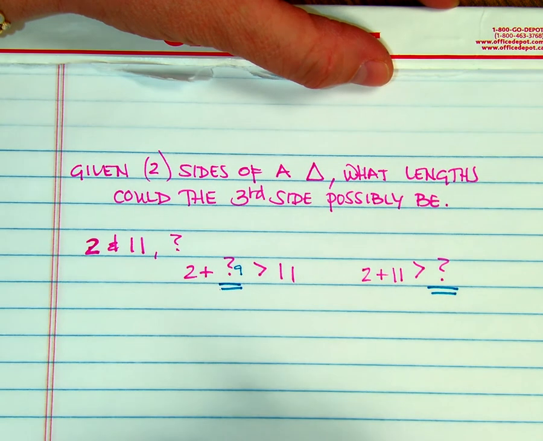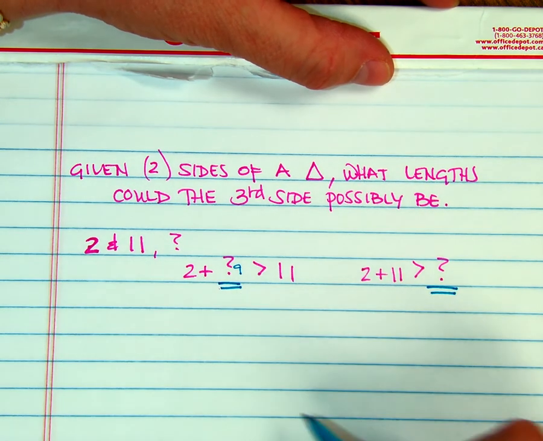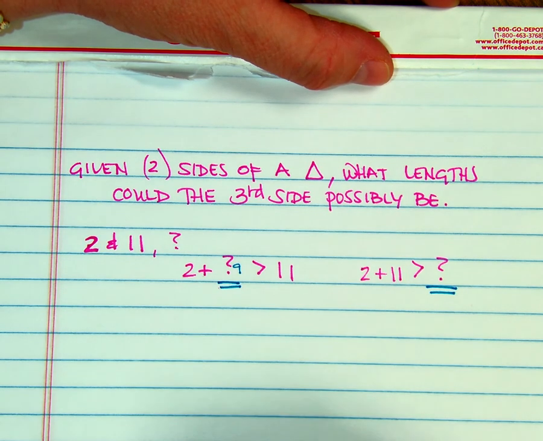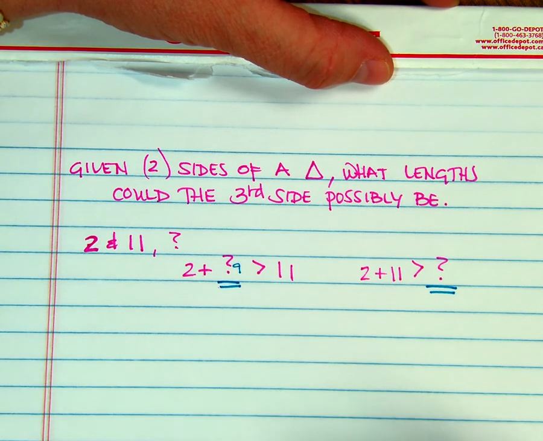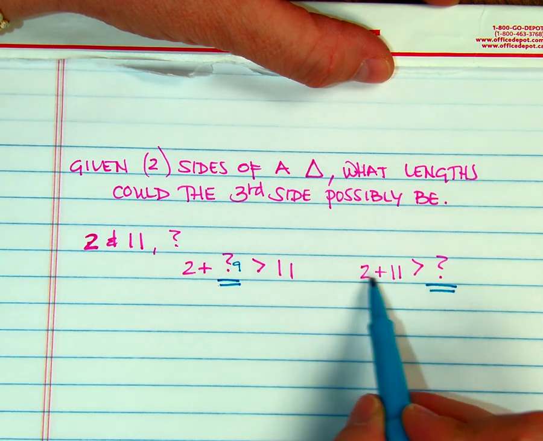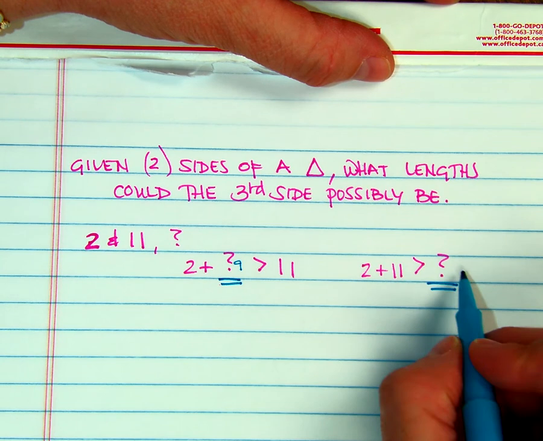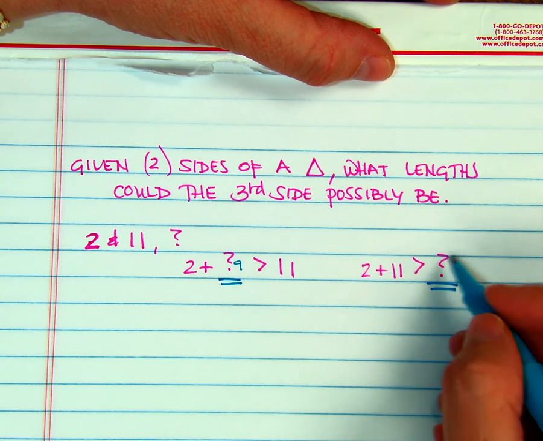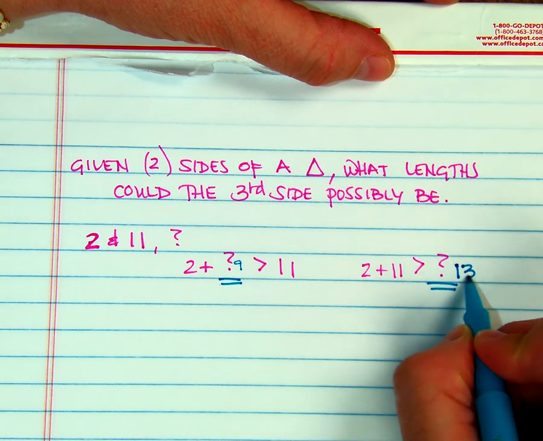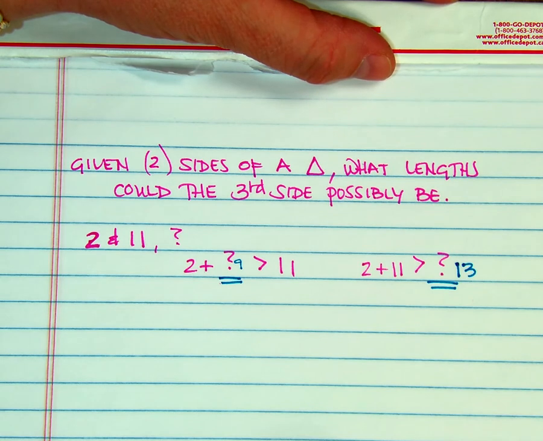The most common error is people want to say, well, what about 9.1? Well, 9.1 is not the next number. What about 9.05? Because that would still work, it's still greater than 11. Over here, 2 plus 11 has to be greater than 13, right?